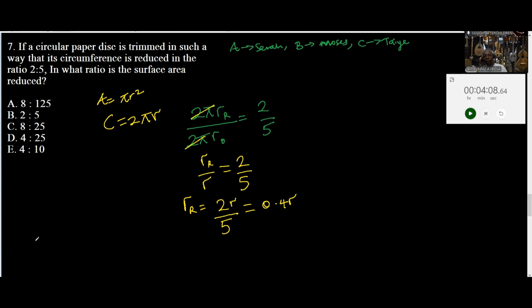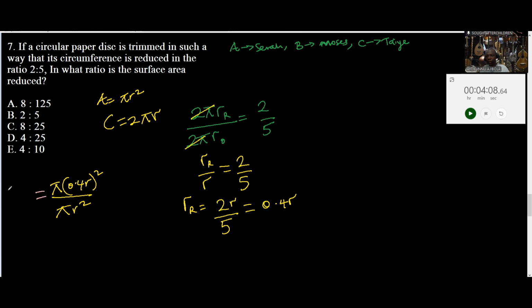Now, once you've gotten 0.4 r, we'll have the original area, because we're looking for the ratio of the area now, right? You understand? So the original area is pi r squared. Then the reduced area will be pi of this 0.4 r all squared. Is that clear?